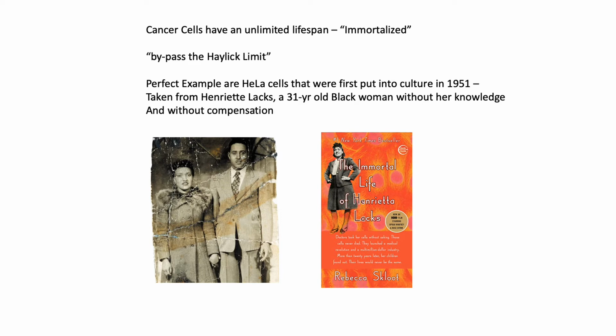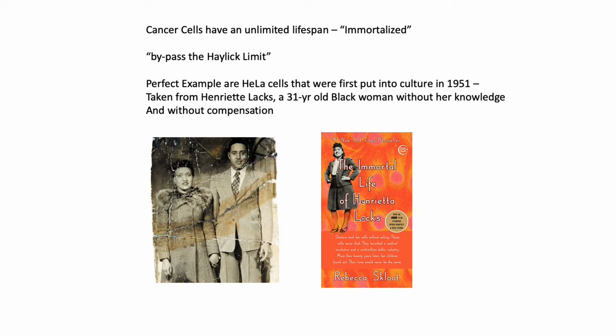Until a woman came along, Rebecca Skloot, who was very interested. She was a journalist. And she heard about this story, and she heard some rumors, and she became very interested in the origin of these cells. And basically, she did her research. It took her quite a number of years, and she discovered who it was, Henrietta Lacks. Contacted the family. The family never knew. They were all very, very poor.